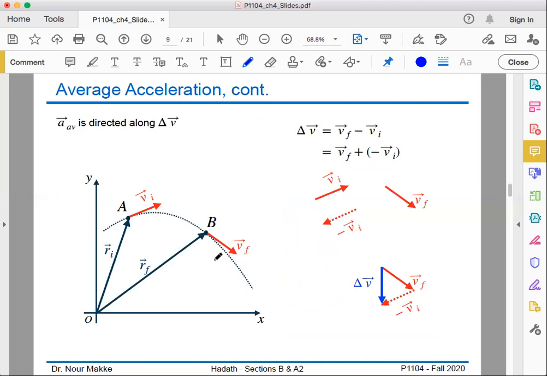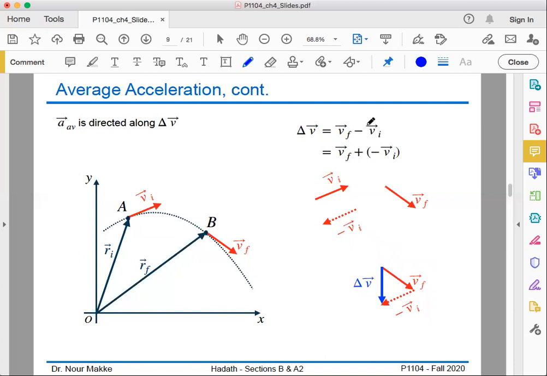The direction of the average acceleration is defined by the direction of delta V, and delta V is nothing else than V final minus V initial.